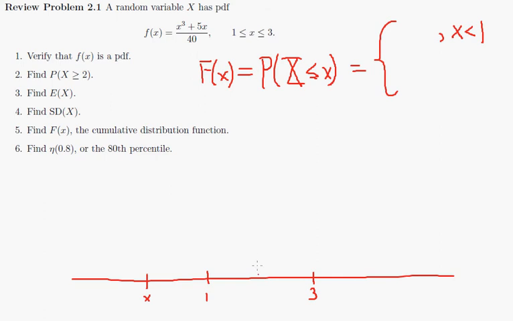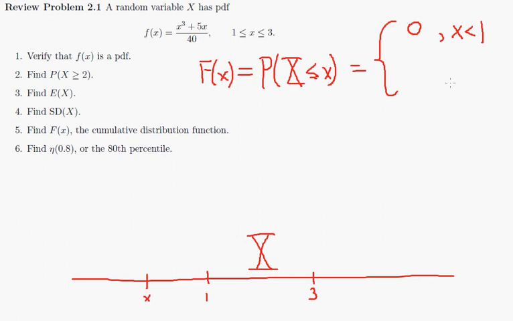The random variable capital X is guaranteed to be between 1 and 3 someplace. So no matter where capital X is, it is guaranteed to be to the right of little x. So capital X in this scenario cannot possibly be to the left of little x, and so the probability of this event is going to be 0.